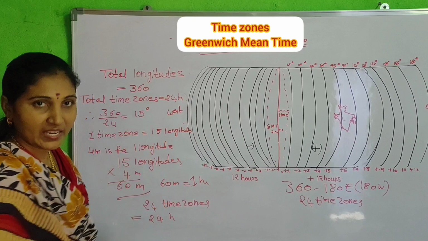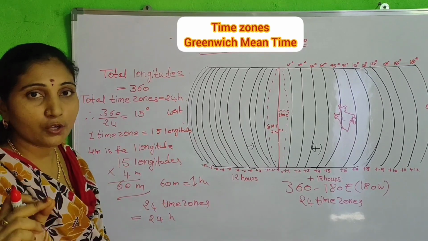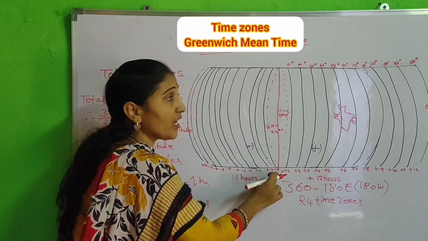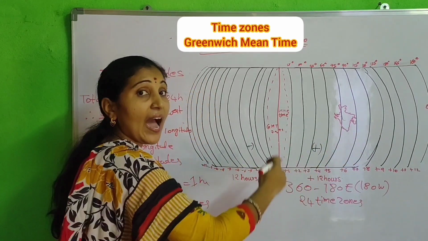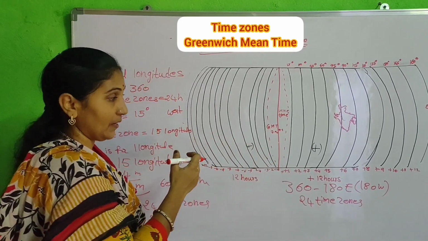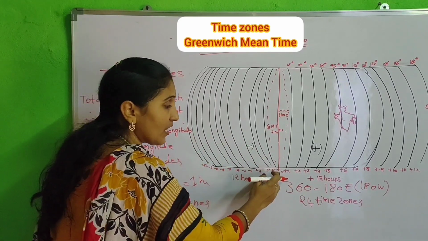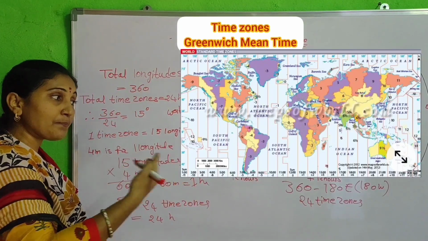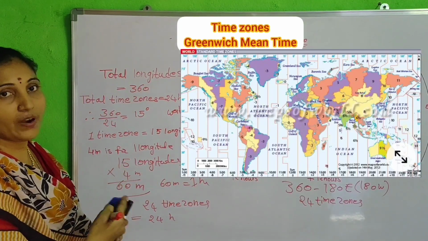But here is one logic you should remember. When we move from the 0 degree to the east, we are adding; here you can see the plus symbol as I explained previously. And when we move from the 0 degree to the west, we see the minus, which means we subtract 1 hour for each zone.